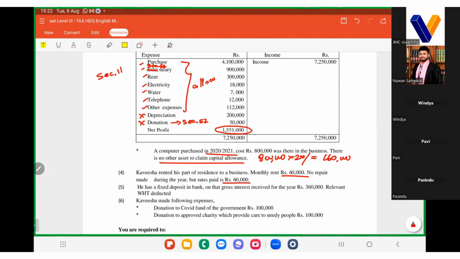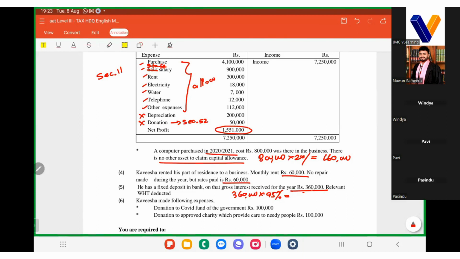So he has a fixed deposit in the bank, on which the gross interest received is 360,000, and then the relevant withholding tax is deducted. That means this 360,000 is not the amount received after withholding tax deduction. This is the gross amount. Then you will receive 342,000, that means 360,000 into 95%, because the 5% is the withholding tax.